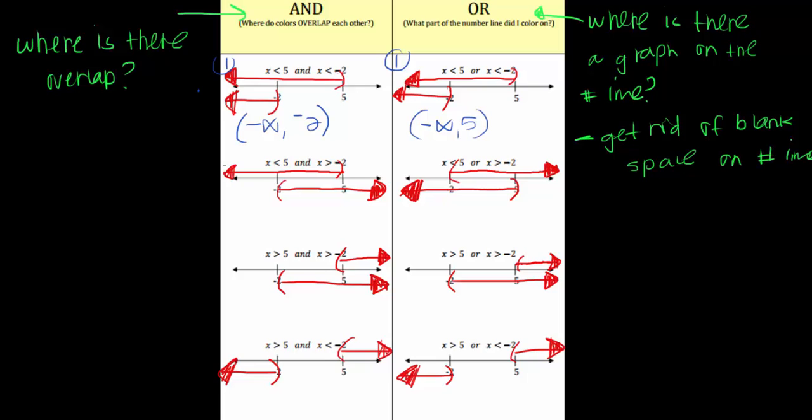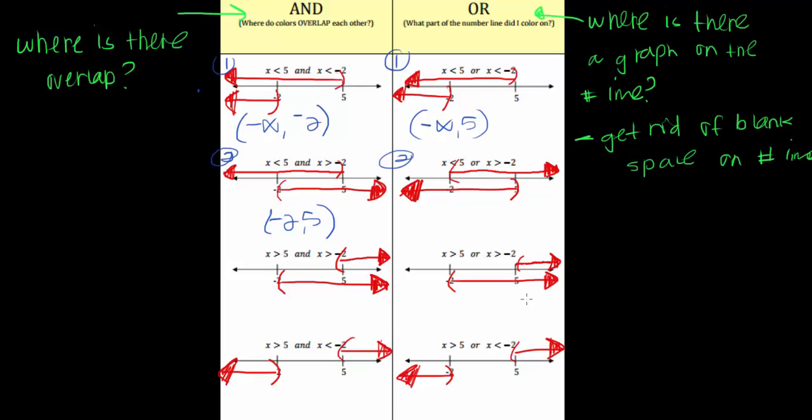In example 2, we start off looking for that overlap. And I start at -infinity and I don't have overlap, but all of a sudden I get to -2 and these two graphs are on top of each other all the way till we get to 5. And then I don't overlap anymore. So that overlap happens from -2 to 5.